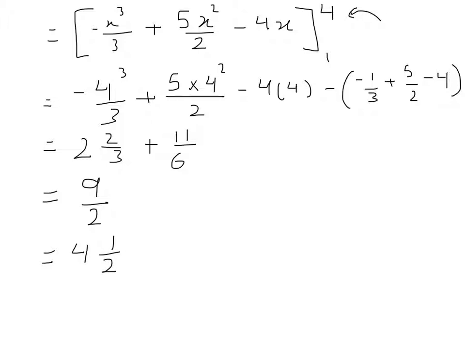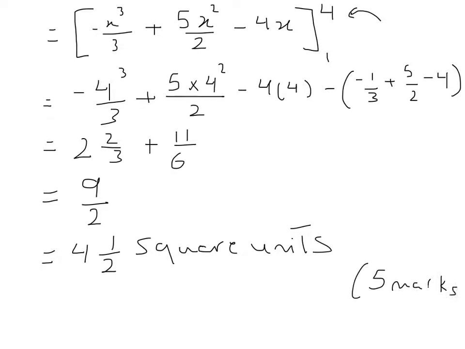And since we're finding area, it will be square units. And this question was worth 5 marks: 2 marks for the first part, 3 marks for the second part, and it's pretty straightforward. Thank you.